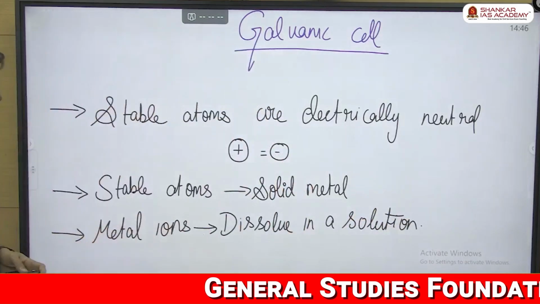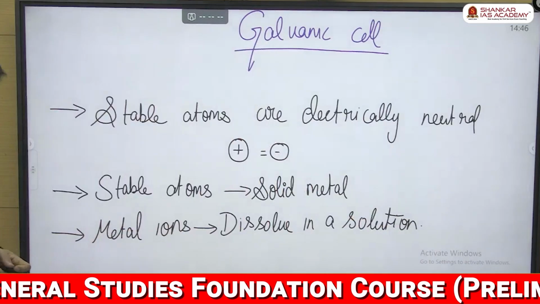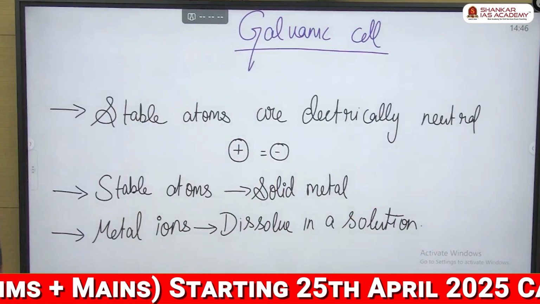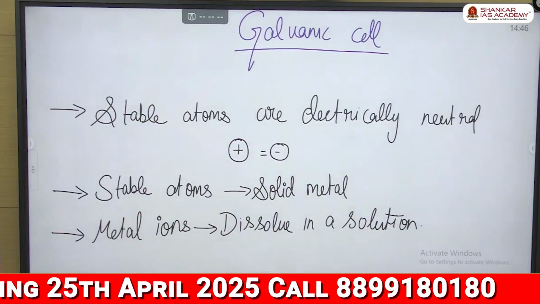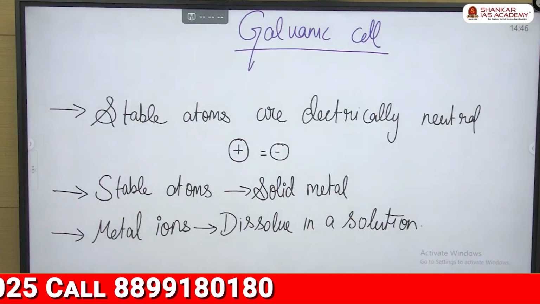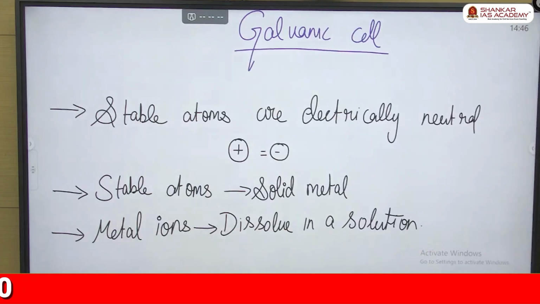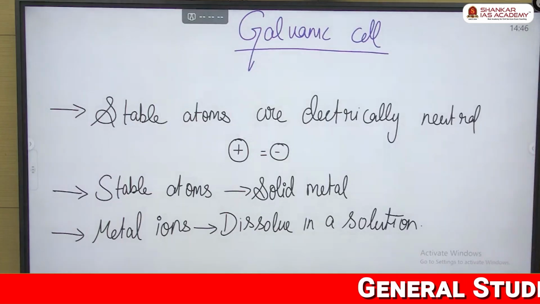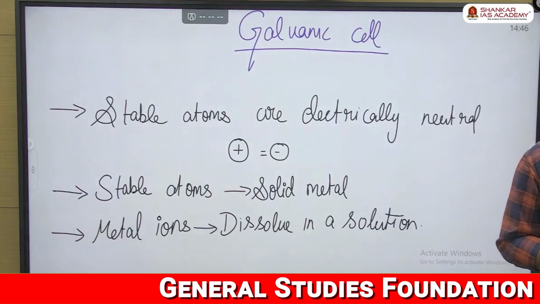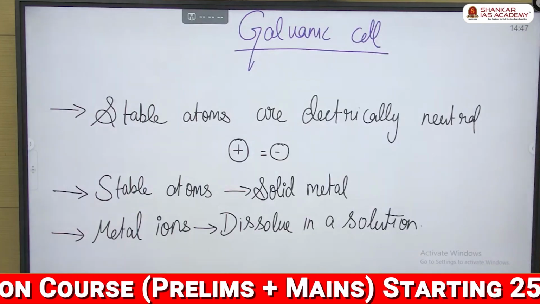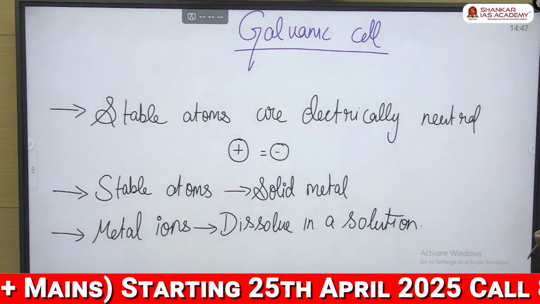So stable atoms make solid metal, but metal ions will dissolve in a solution.